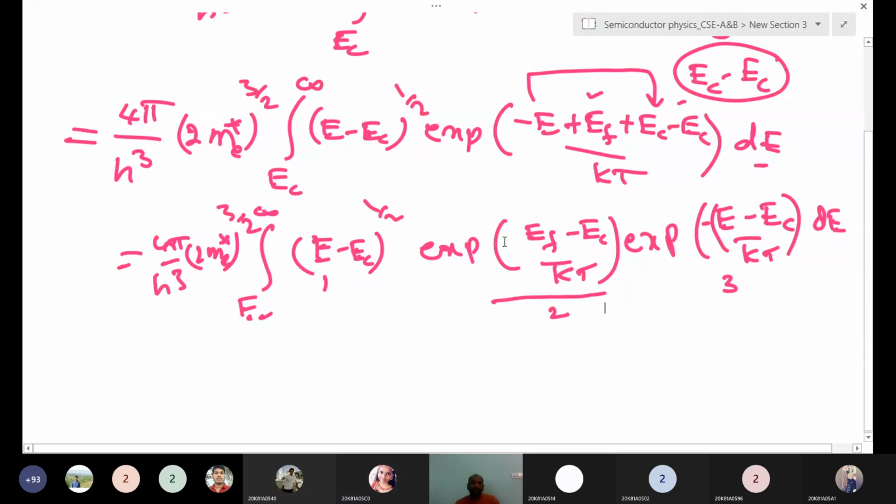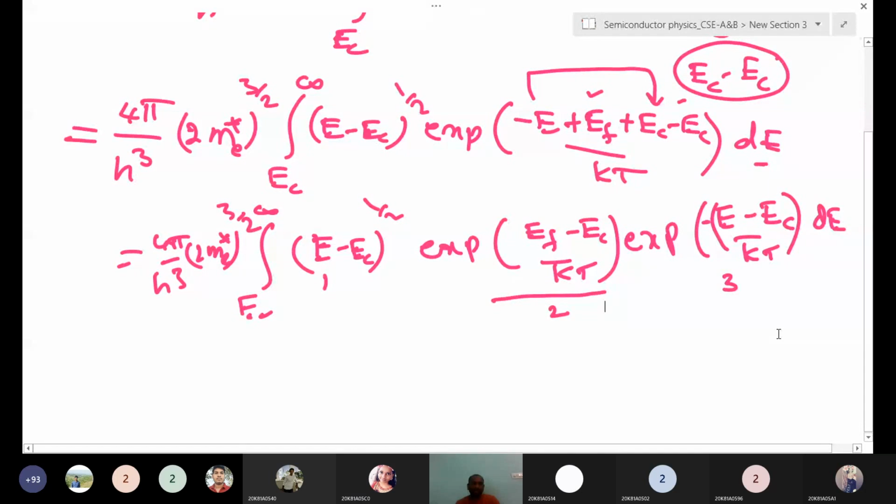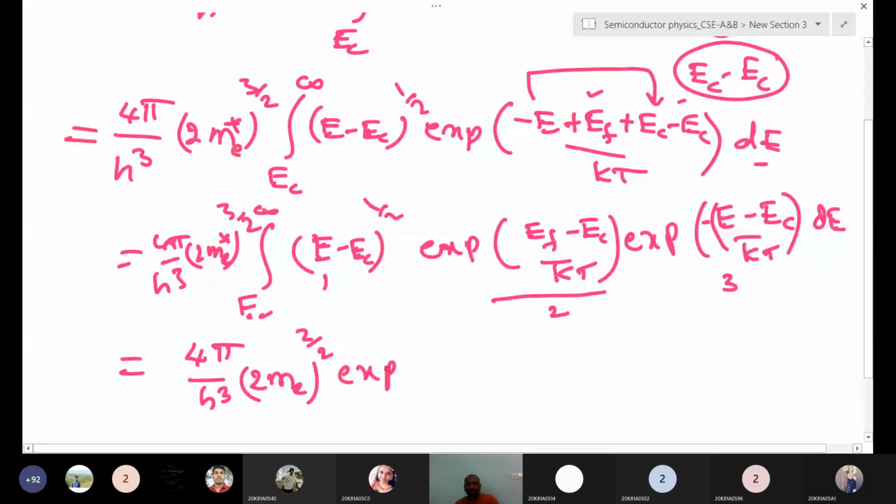Yes, we can take it out of the integration: 4π/h³ and (2m*)^(3/2). This is not depending on energy, so I am writing exponential of (E_F minus E_C)/kT. It's almost done.